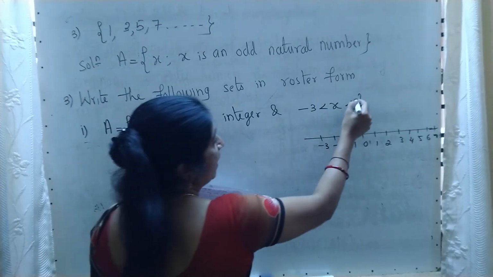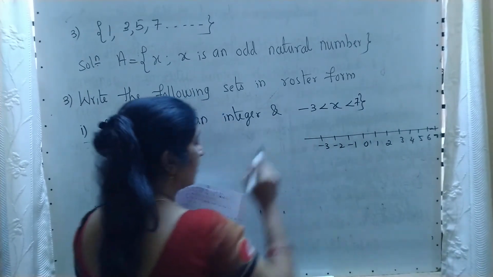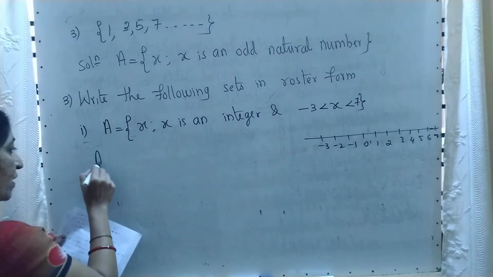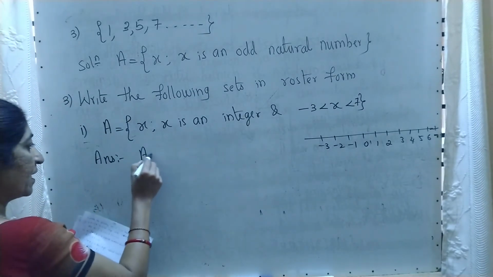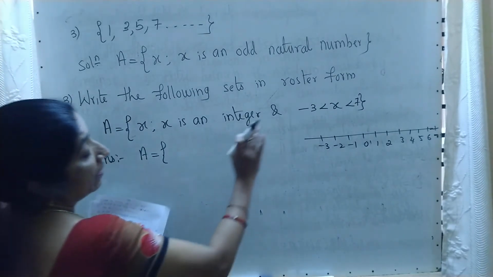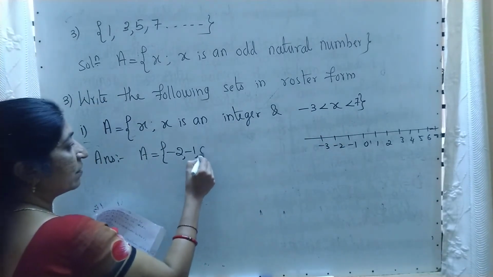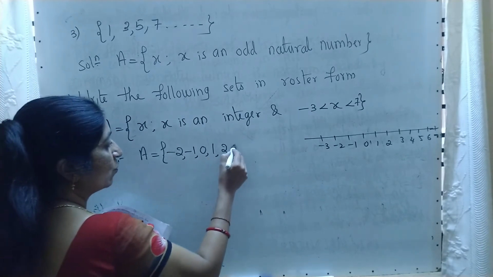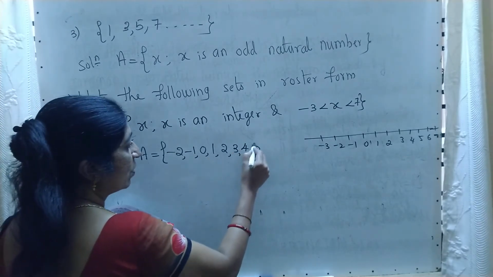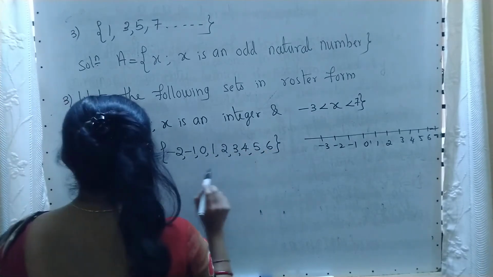We have to write the numbers in between -3 and 7. So what is your answer then? Set A is in between. We are not writing -3 and 7. So -2, -1, 0, 1, 2, 3, 4, 5, 6. Understood?